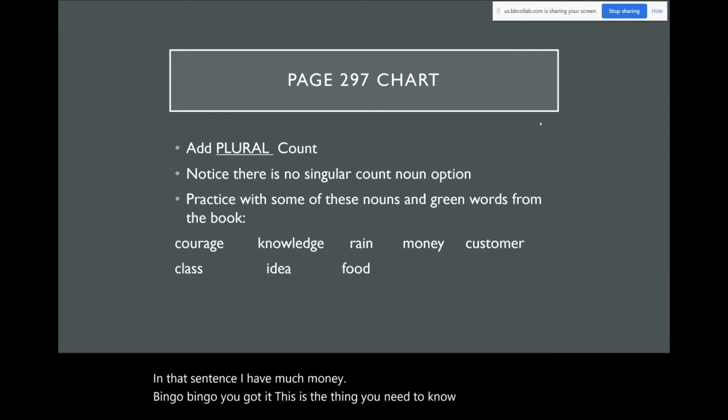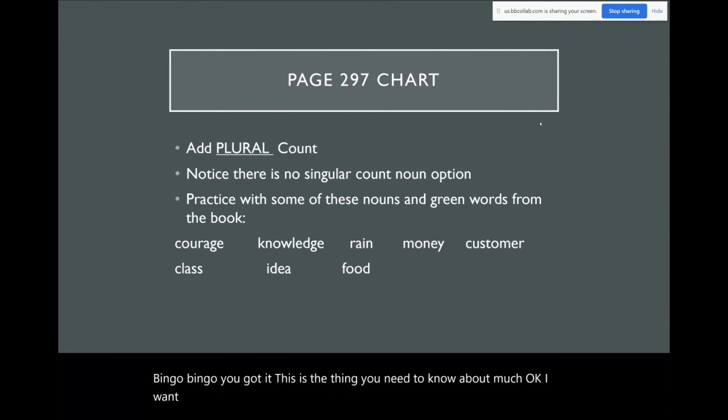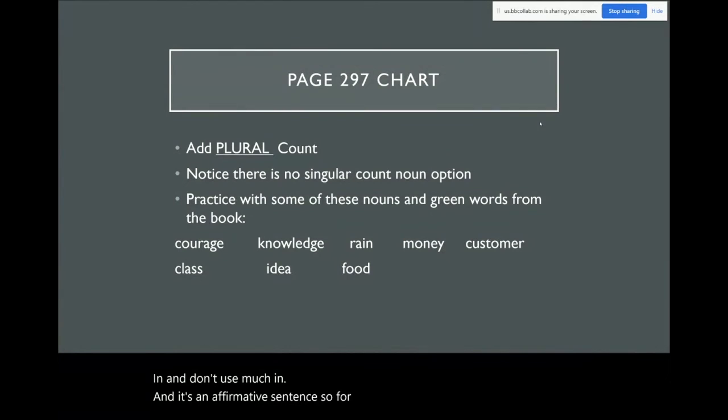I want you to write in your book or in notes: much in a sentence. Don't use much in an affirmative sentence. So, for example, I have much money, I have much furniture.